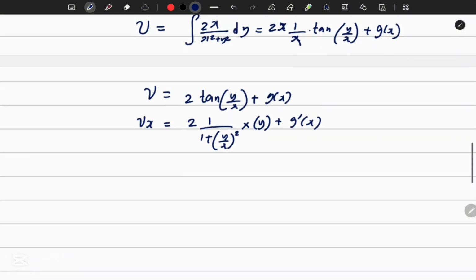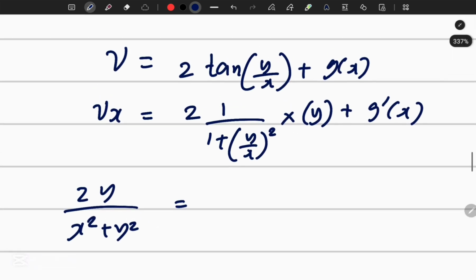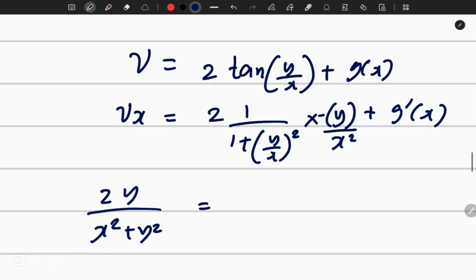So when I simplify this, differentiating with respect to x gives minus y over x².